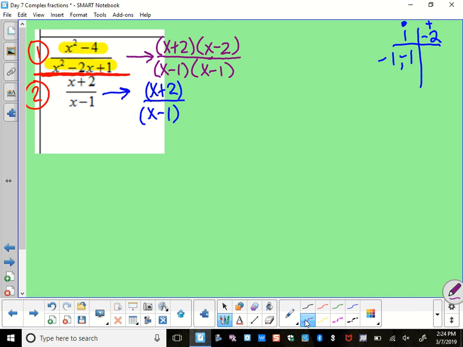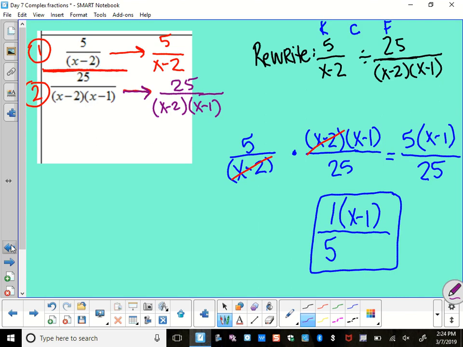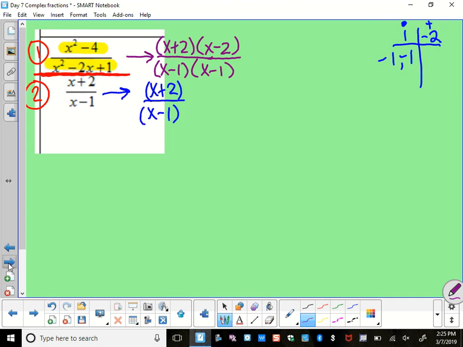This is the part where I show you that if you want to skip the step of rewriting, you can. I've been rewriting to just write it differently, and then I keep change flip, right? If you want to go ahead and skip to the keep change flip part, I'm fine with that, but just make sure you're doing it right. Which means you keep this first fraction the same, your number 1. You would change your sign to multiplication, and you would flip this blue fraction there.